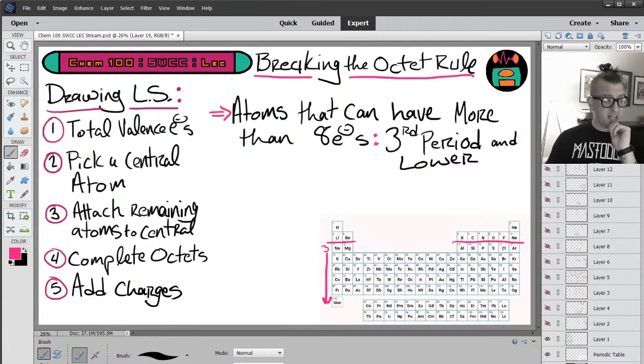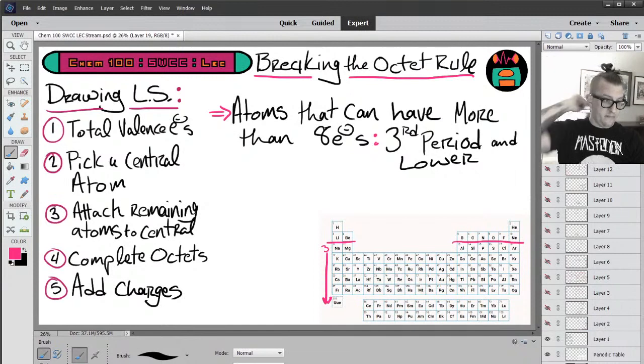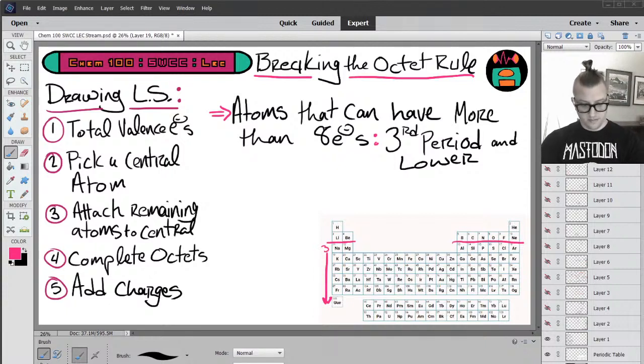There's 118 elements, and you're telling me that 10 of them, 11 and up, can break the octet rule?